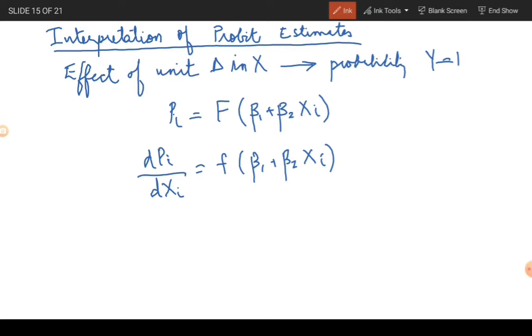probability distribution function. Remember, it is when you integrate the probability distribution function, the PDF of a statistical distribution, that you will get the cumulative distribution function. So if I differentiate the cumulative distribution function, I should get back the probability distribution function, multiplied by, since this is the chain rule that I am applying, the differentiation of beta 2 xi with respect to xi, which will give me beta 2.